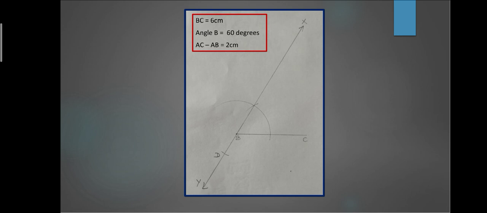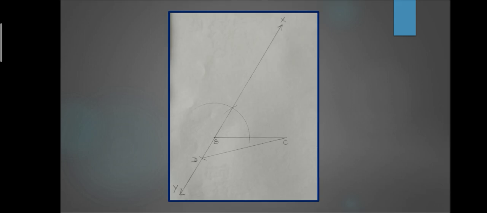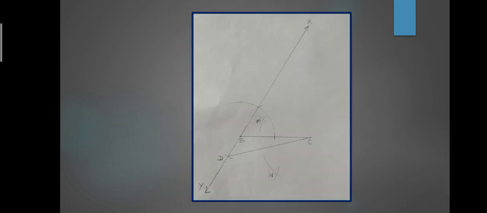Now we have AC minus AB as 2 centimeters given. So our next step is to make an arc of 2 centimeters from B on BY to get the point D. So you can see in the figure, taking B as center, we have made an arc of 2 centimeters to get the point D. The next step is to join C to D. Now we will make the perpendicular bisector of CD.